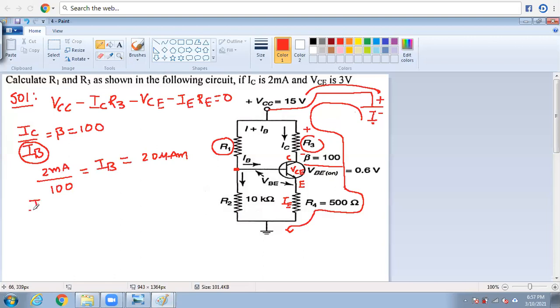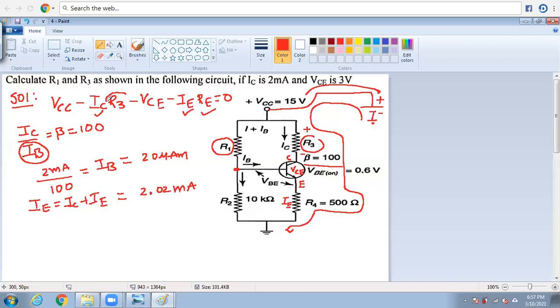One more expression: IE equals IC plus IB. So finally we will get 2.02 milliamperes.